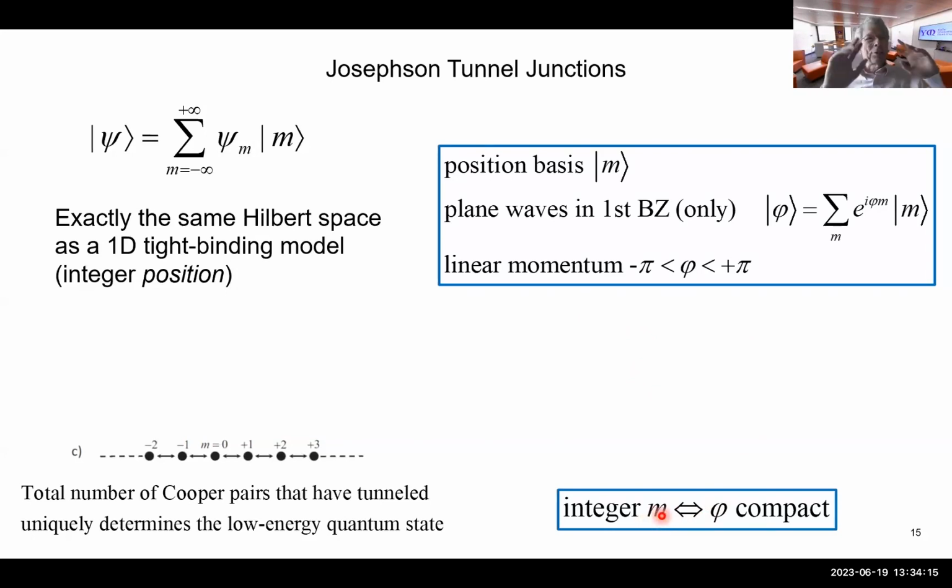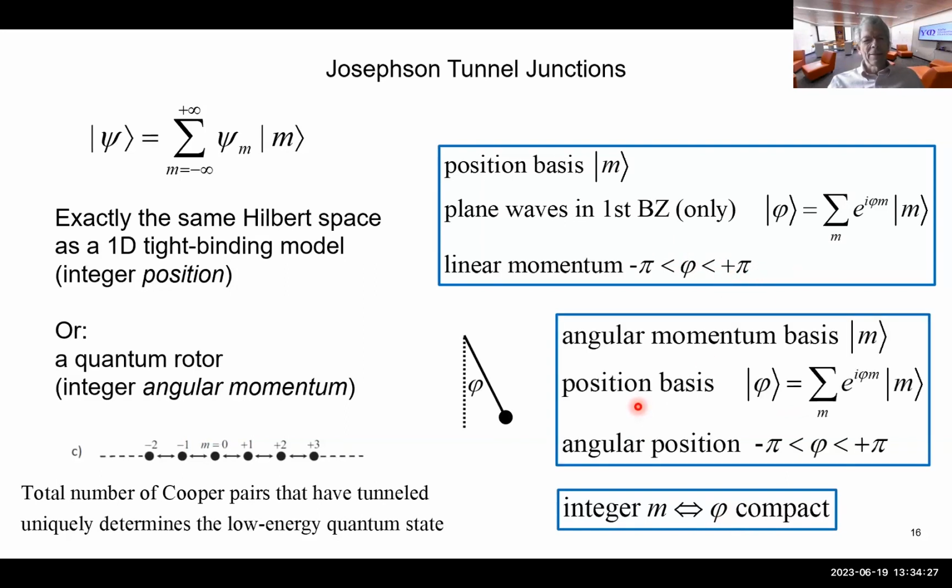Because the position is an integer, the momentum has to be compact. It has to live in the first Brillouin zone, and this is an angle. And so this is completely equivalent to a mechanical rotor in a gravitational field. So here's a rod and here's a plumb bob, and the angular position of the rod is phi, and gravity is trying to pull this down.